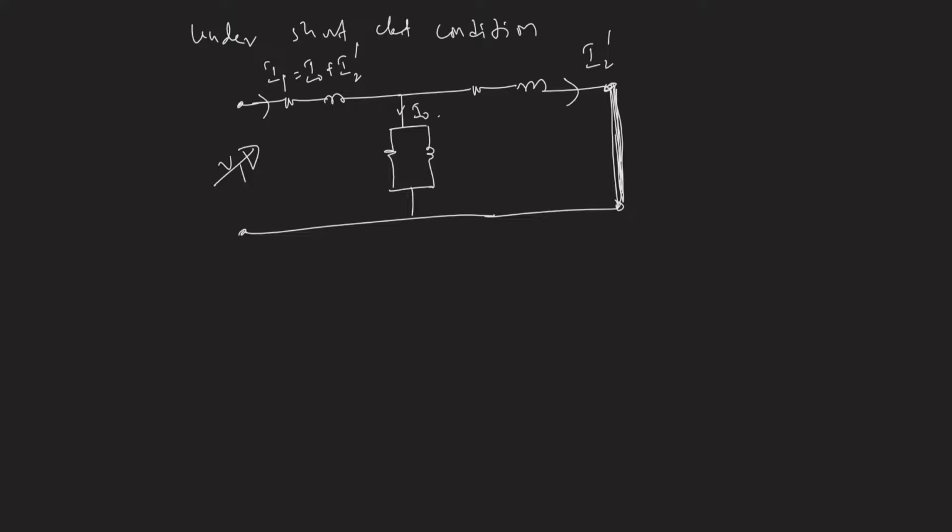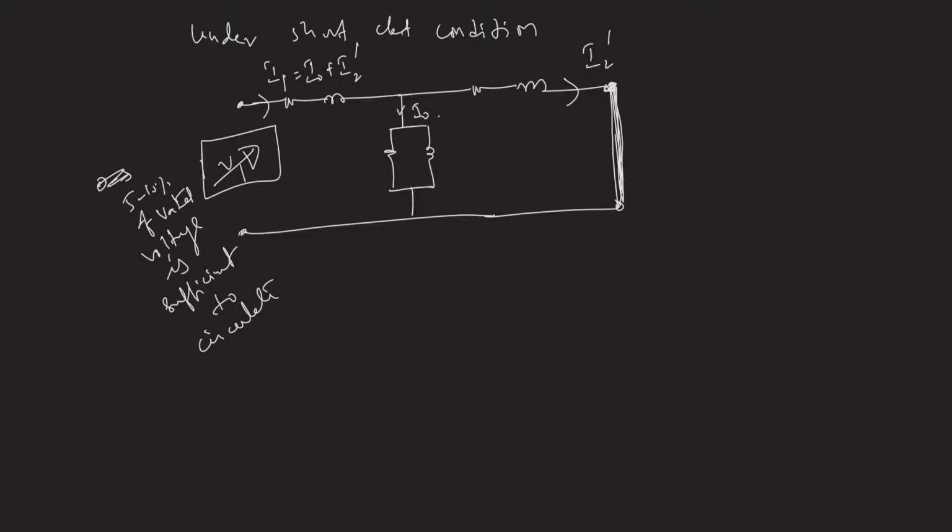Because the secondary is short circuited, a very small magnitude, approximately 5 to 10% of the rated voltage, is sufficient to circulate rated currents in the primary and secondary.